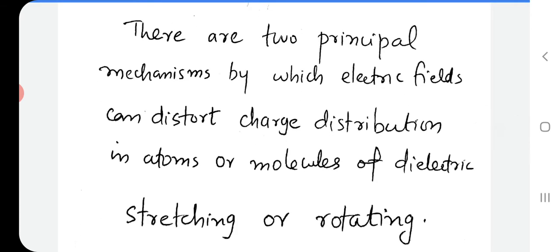If you apply an electric field to the dielectric, the insulator, there are two mechanisms by which the electric field can distort the charge distribution in their atoms or molecules.